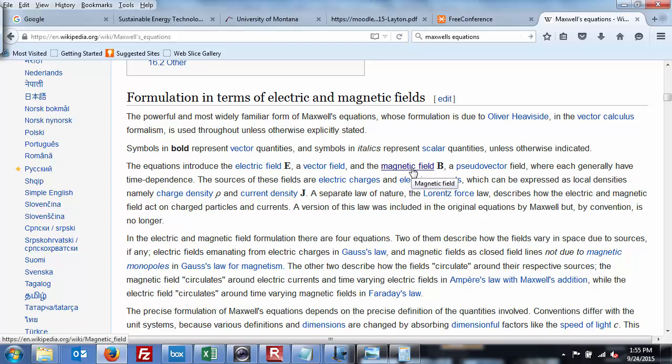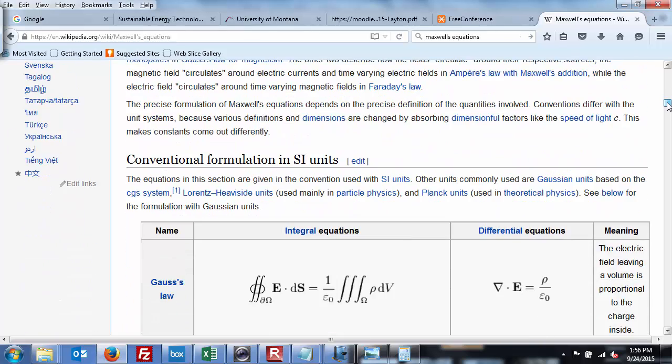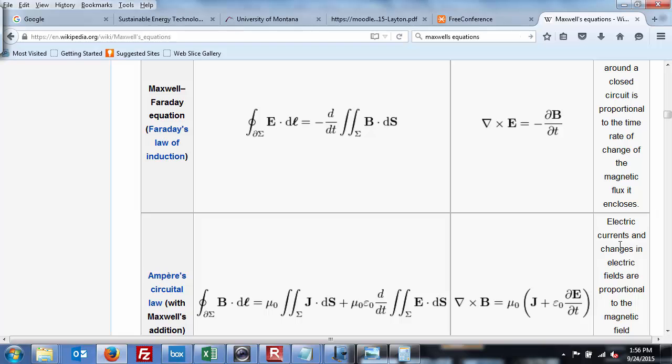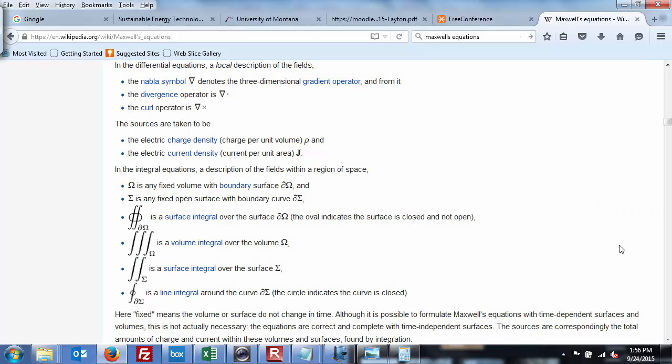Faraday knew the two were related. So did Ampere, so did Gauss.